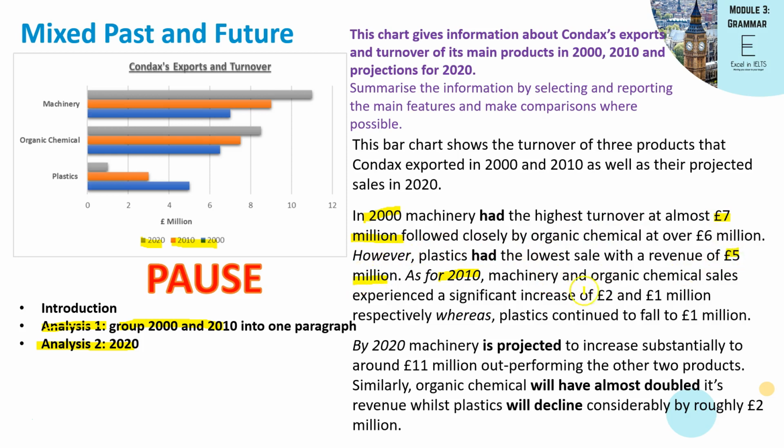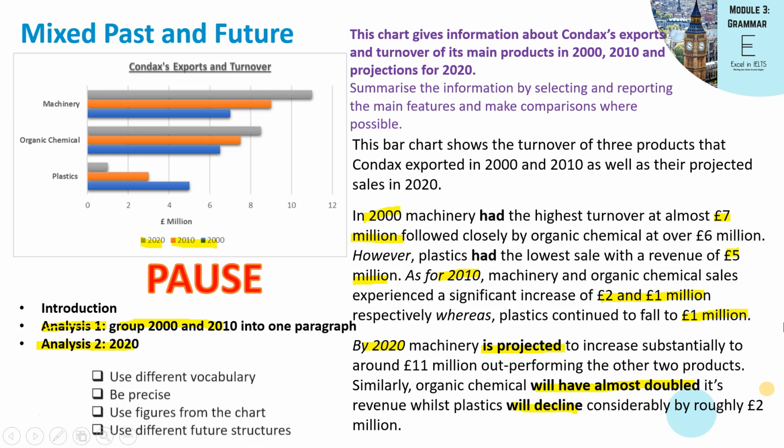You really need to get into the habit of doing this, because figures are very, very important when it comes to your task 1. And then in the third paragraph, because it's talking about the future, I've got is projected, so the present passive. Then I've got the future perfect and future simple.